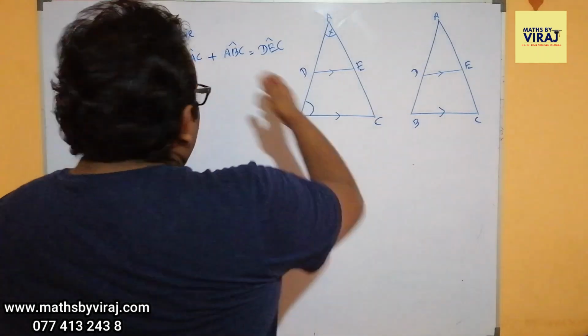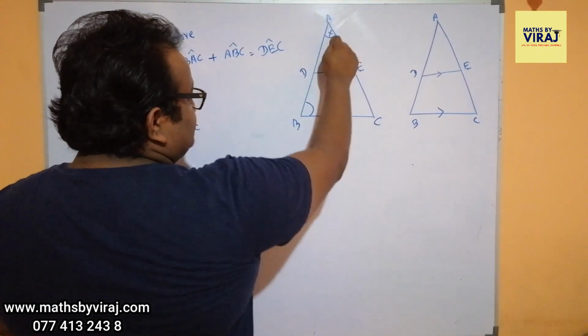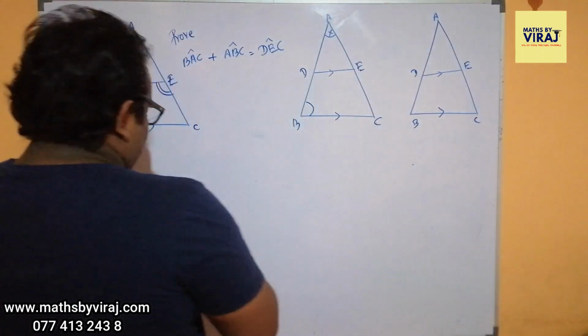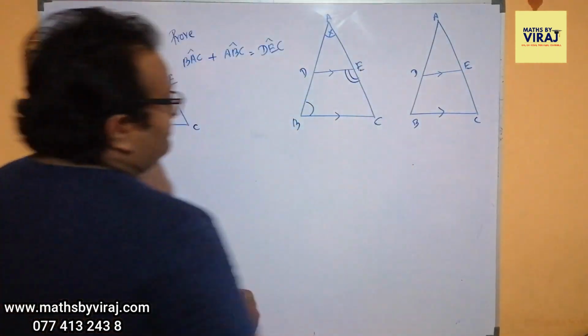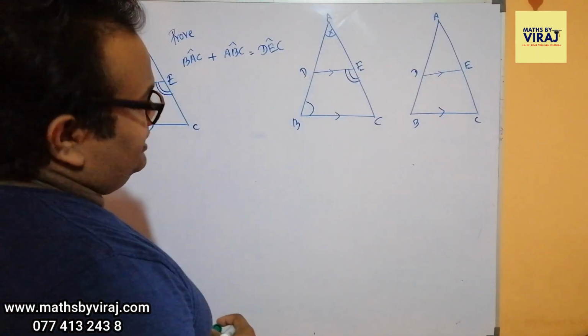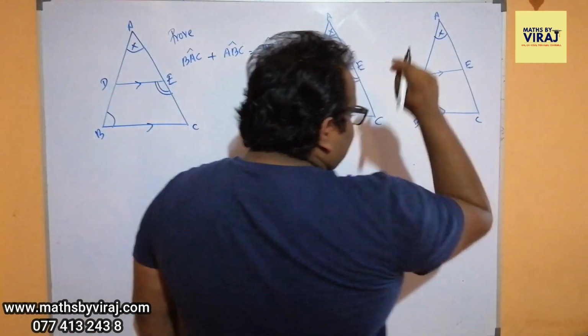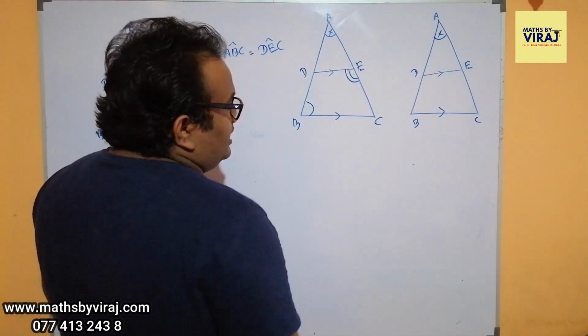Children, I am going to redraw this again. Again, angle BAC, this particular angle, plus angle ABC. So we have to prove that the addition of these two angles are equal to angle DEC, right?